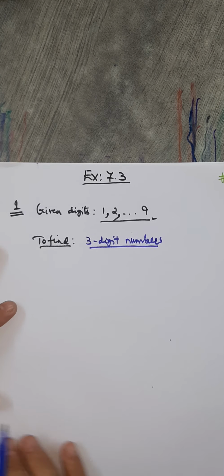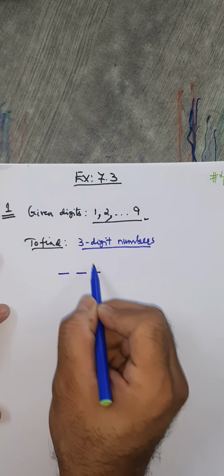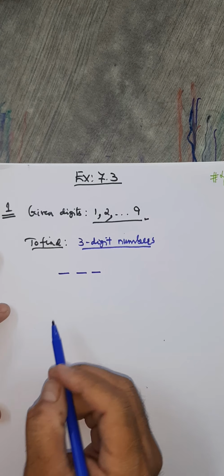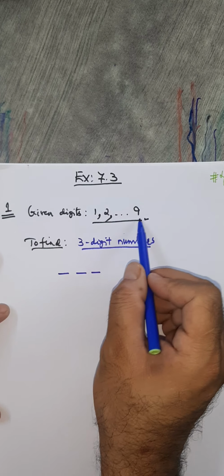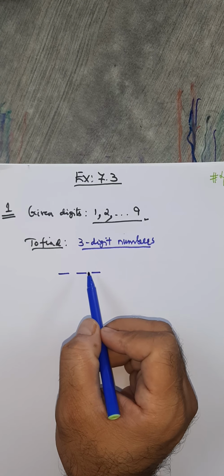Now how many total digits do you have? 9. How many positions are you filling? 3. Right? So it's like this: 1, 2 and 3. You need 3-digit numbers. How many digits are there? 9 digits. So here you can do like this.